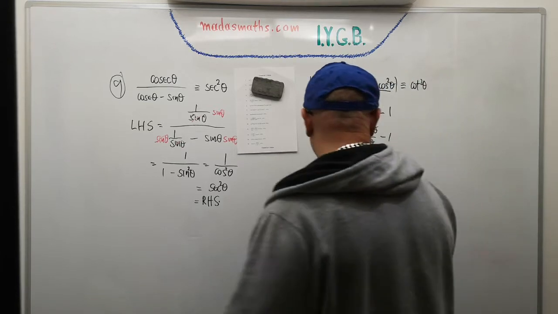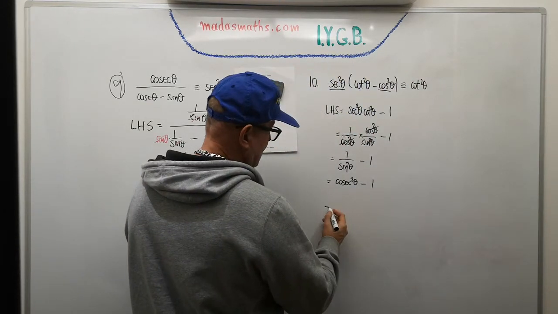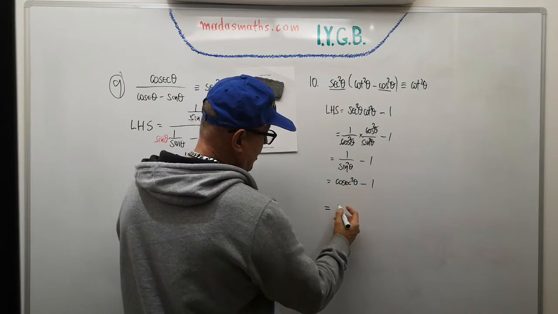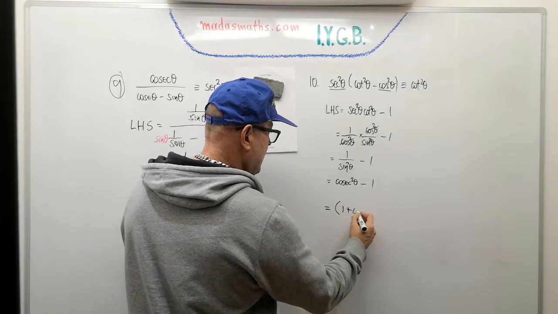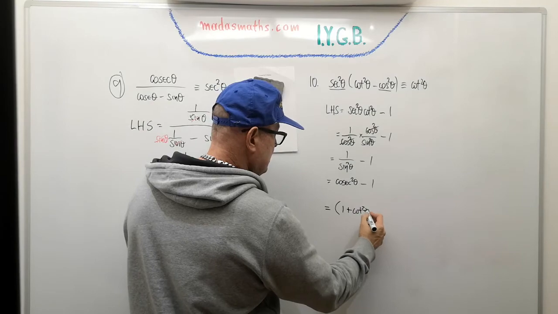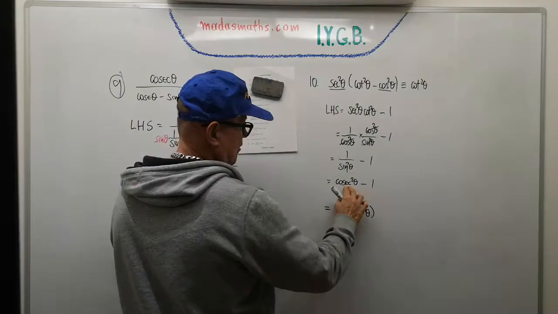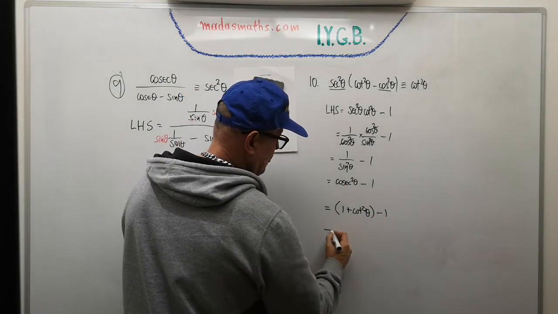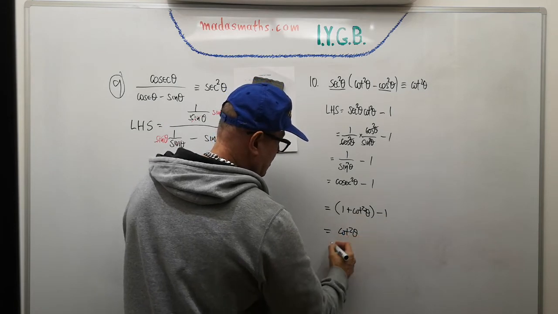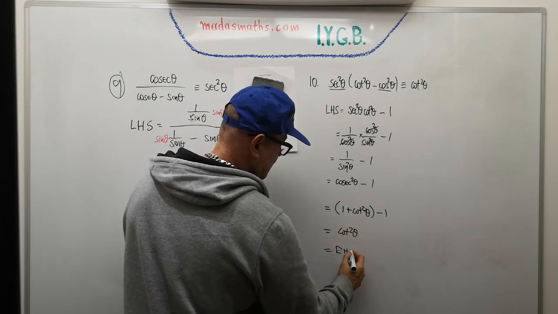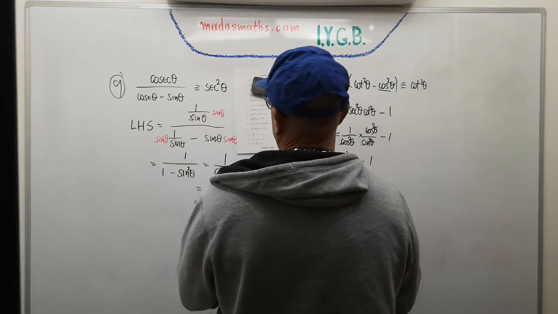This time I'm going to do slightly different, because I can't be bothered to write an explanation. So a cosec squared theta will be equal to 1 plus cot squared of theta, fact, that is the same as that, minus 1, which of course the ones will cancel, and that is of course a cot squared theta, which is my RHS. Question 10 done.